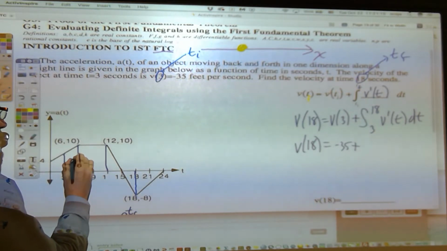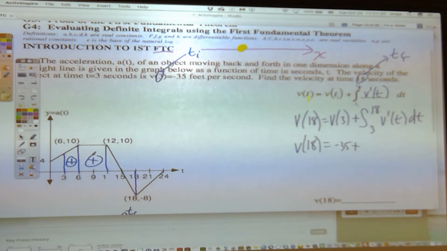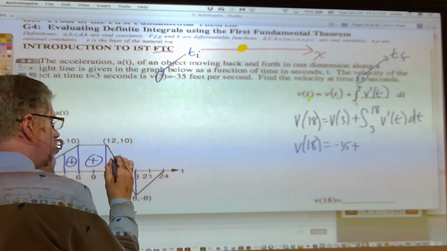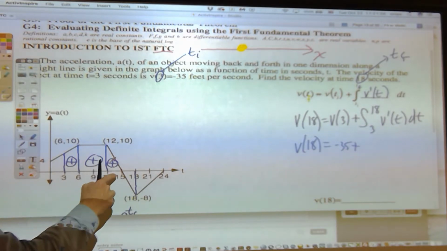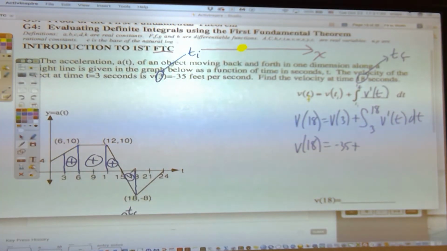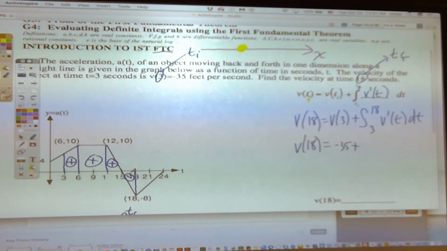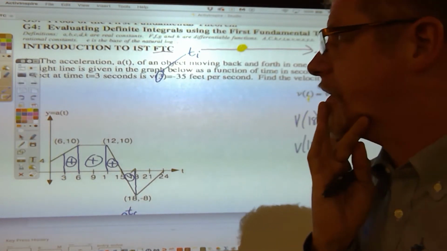The trapezoid, the rectangle, and the first triangle will have positive area, and this last triangle will have negative area. So we're going to add up 3 positive numbers and a negative number.